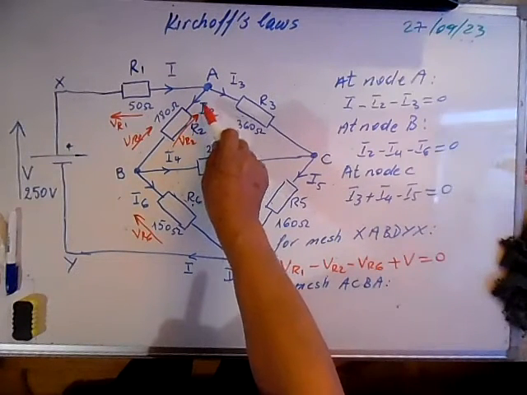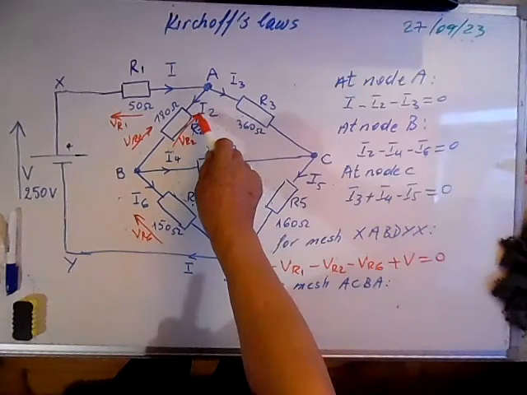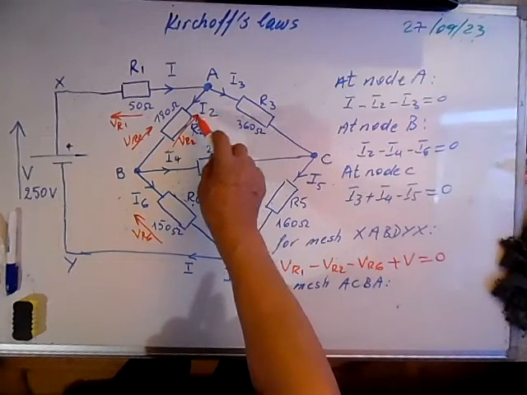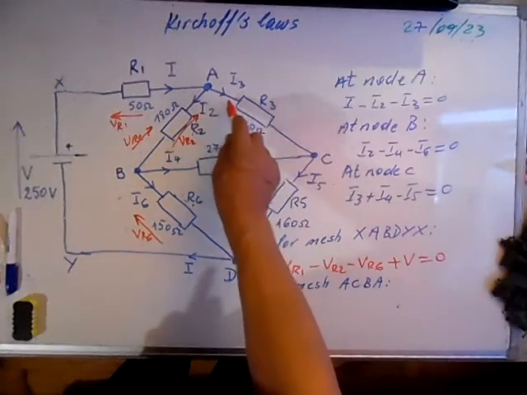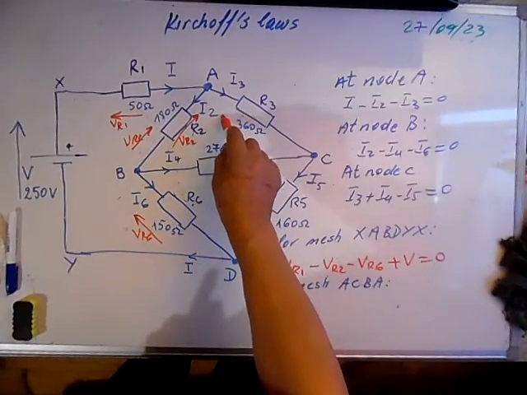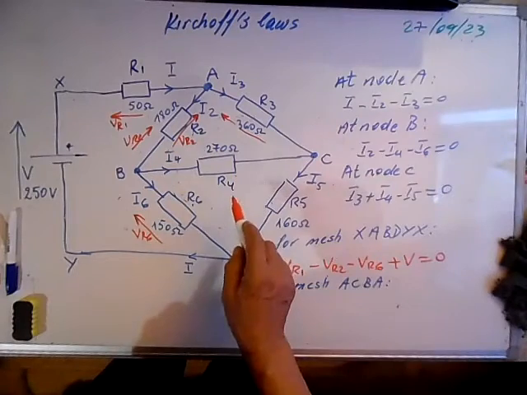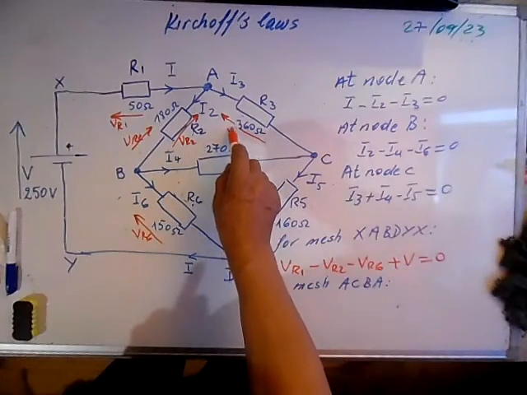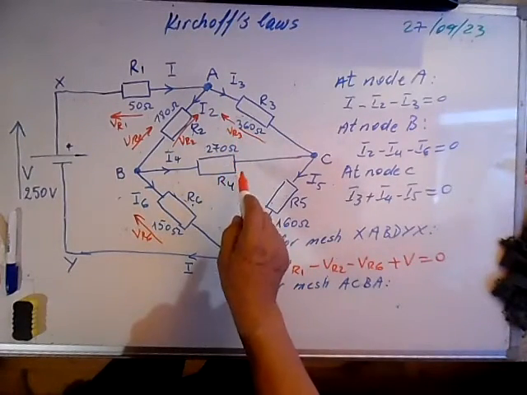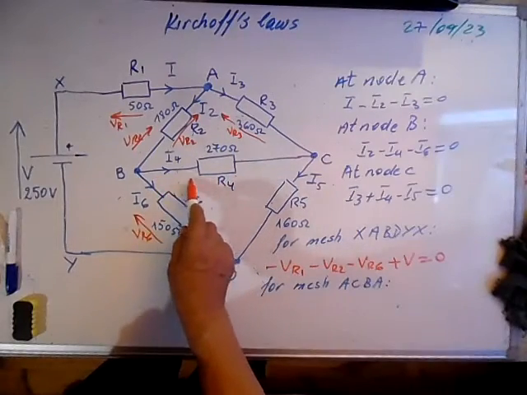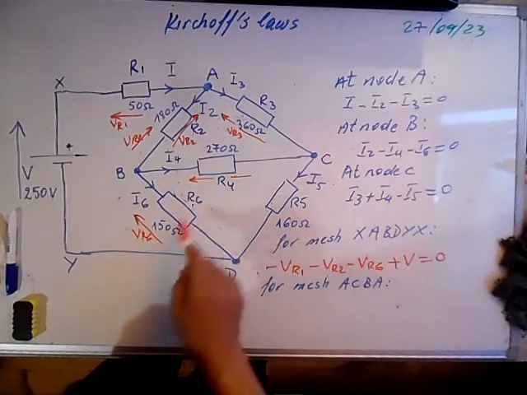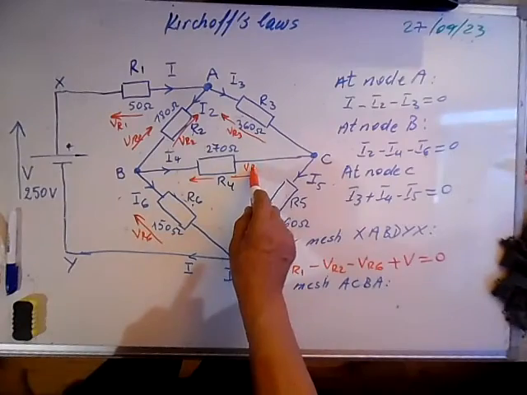This one will show us the most positive potential. Here the current is flowing this way, so this is VR3, and the current is flowing this way, the voltage drop is this way, this is VR4.